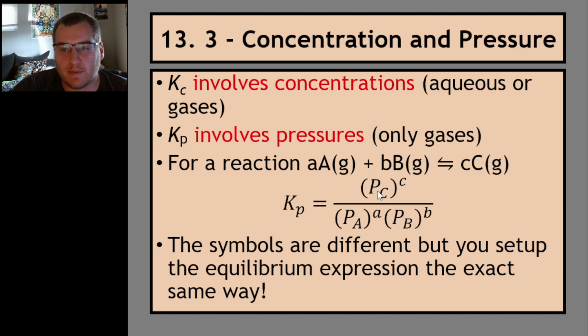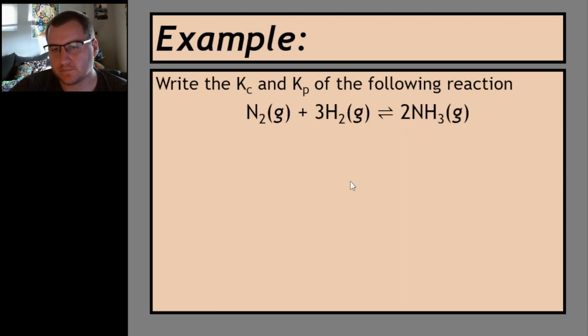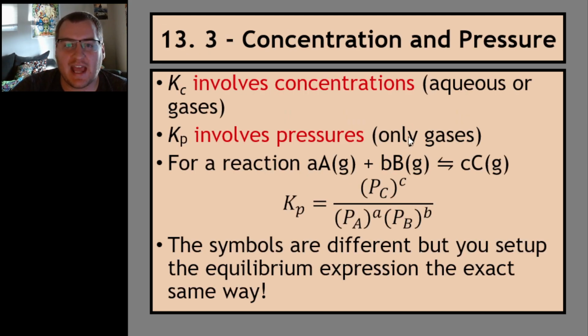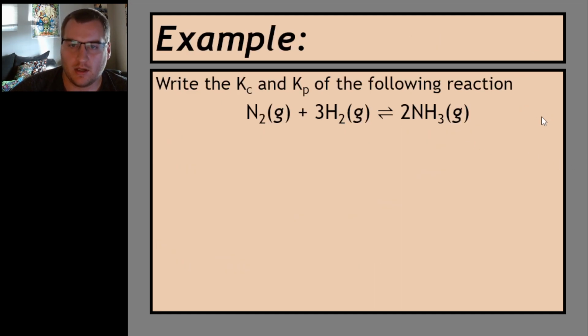Okay, so Pc to the little c power, Pa to the little a power, Pb to the little b. The symbols are different, but you set it up the exact same way. So here's a reaction. I should mention, you can only do this with gases because gases have pressure, right? Solids don't. Liquids kind of do, but not in our class at all. Okay, so I want to write Kc and Kp of this reaction. So let's do that.